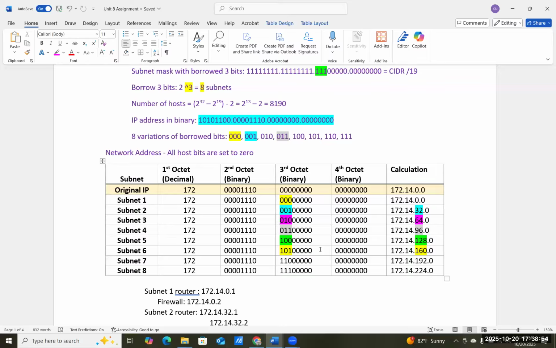Let's say that I have an edge firewall. After it gets routed in, the firewall is going to filter. That's going to be a .2, right? And then my subnet 2 router would be 172.14.32.1, right? And then its firewall or whichever appliance or system will be a .2, and so on until you get to 254.